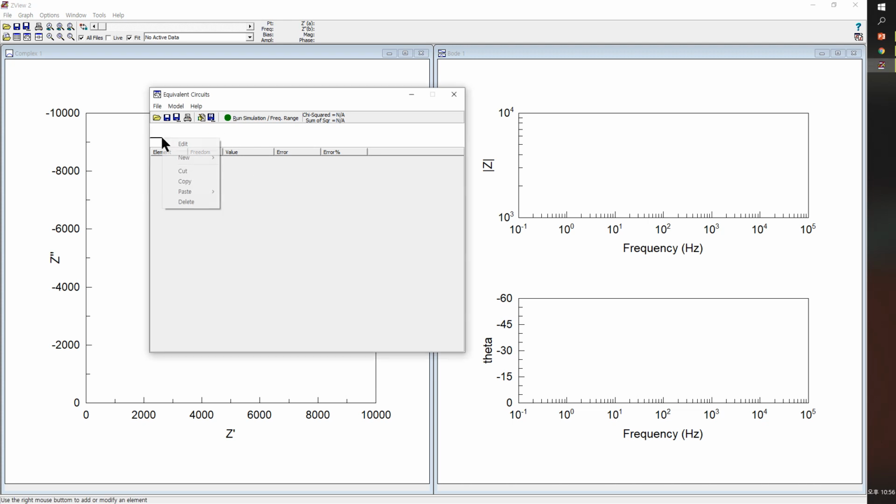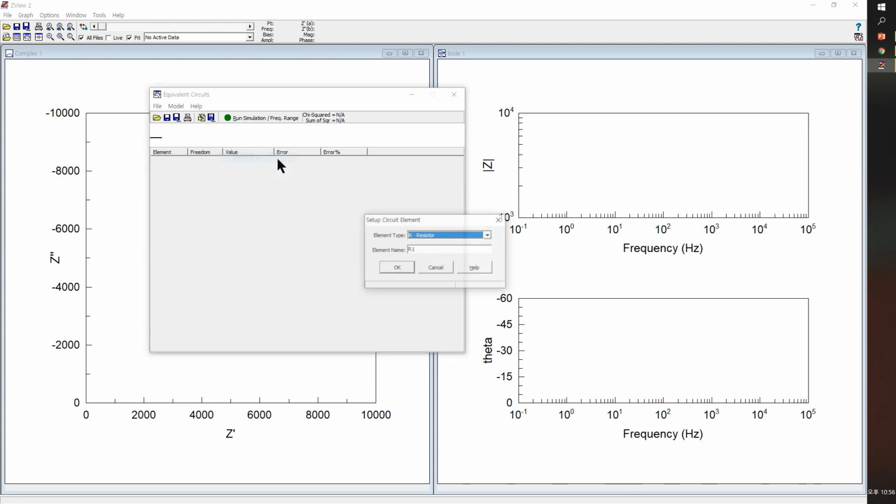Just right-click on the point of the line, and then you can find some menu. Then let's go to New, Series After. Then let me choose the resistor as the element type, and the element name is made by yourself.